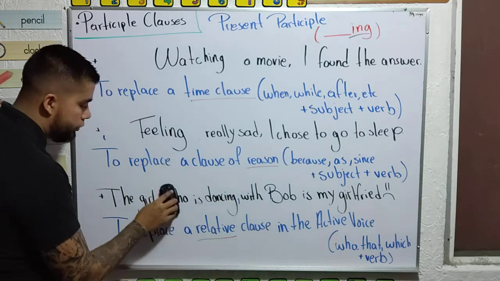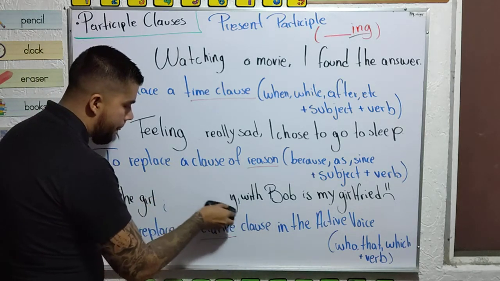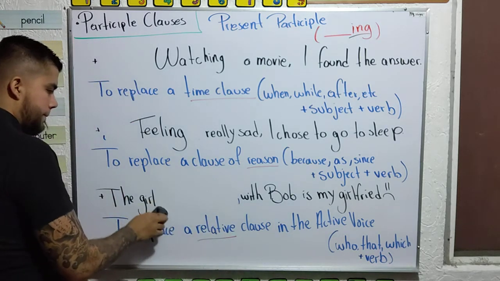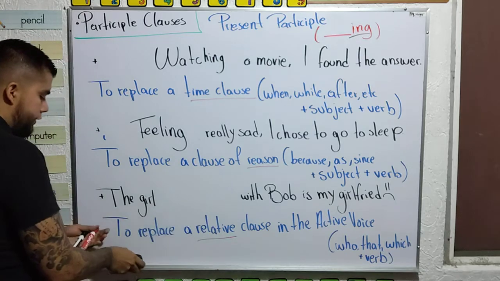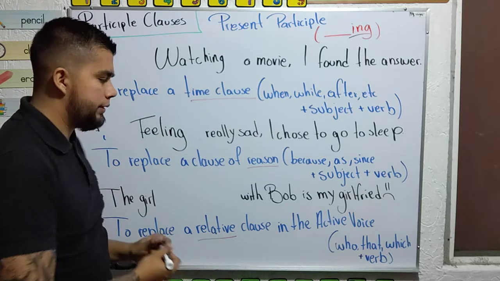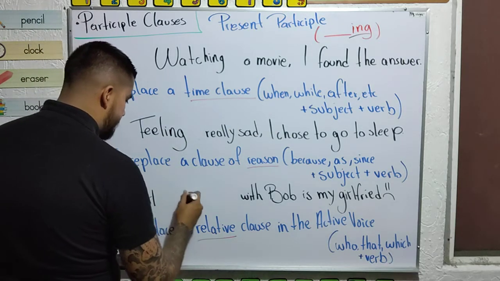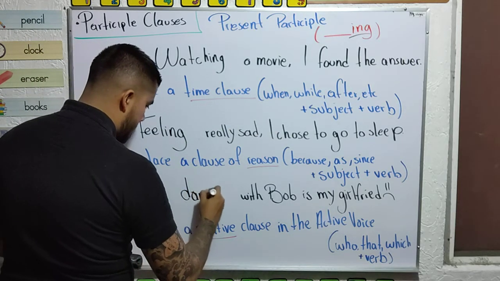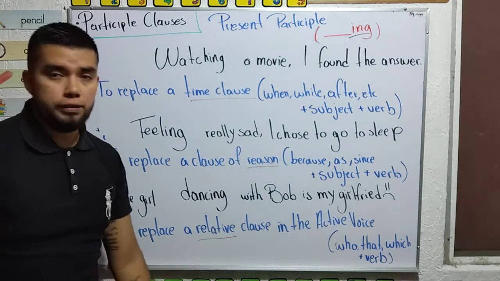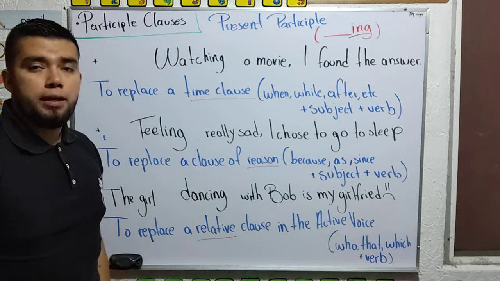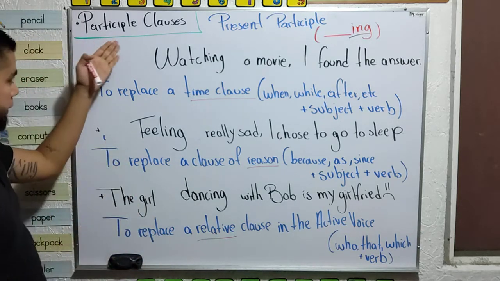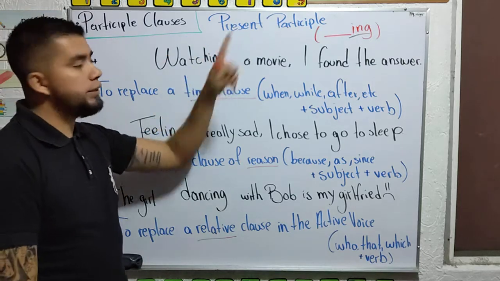So we're going to replace this with the main verb in participle form. What was the verb? Dancing. The girl dancing with Bob is my girlfriend. Still so sad. Why, Bob? Why, girlfriend? So these are the participle clauses in present form.